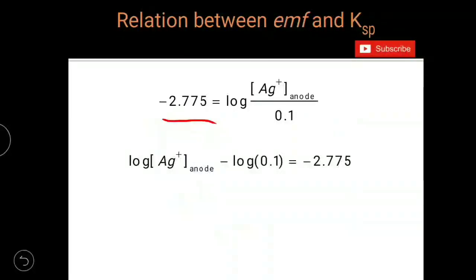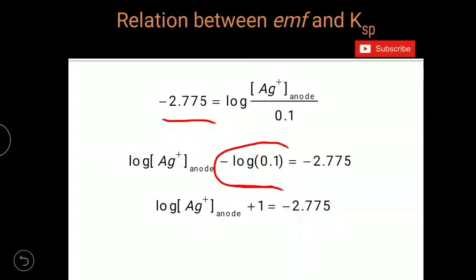Log silver ion concentration at anode by 0.1 can be written as log silver ion concentration at anode minus log 0.1 equal to minus 2.775, and log 0.1 value is equal to minus 1, and we have minus log 0.1 here. That's why it will be log silver ion concentration at anode plus 1 is equal to minus 2.775, because minus log 0.1 is equal to plus 1.